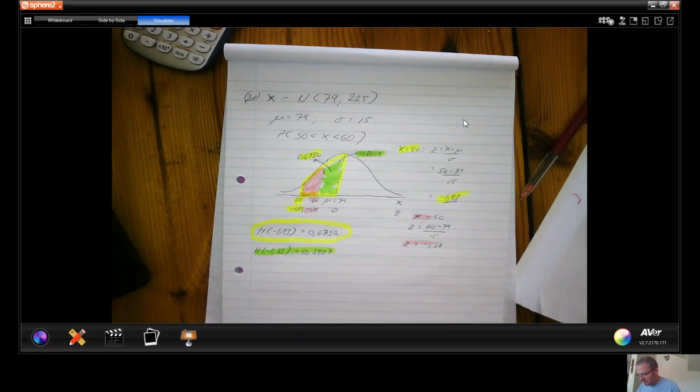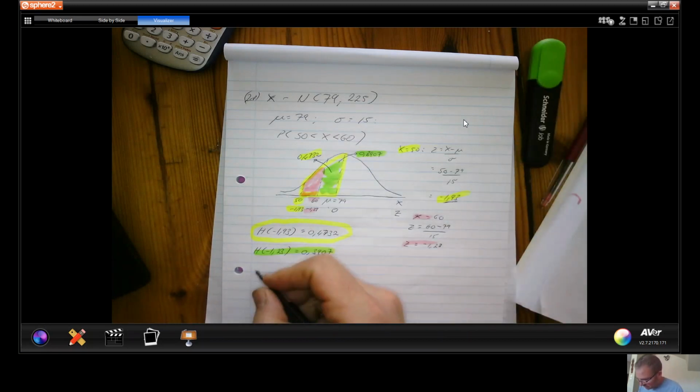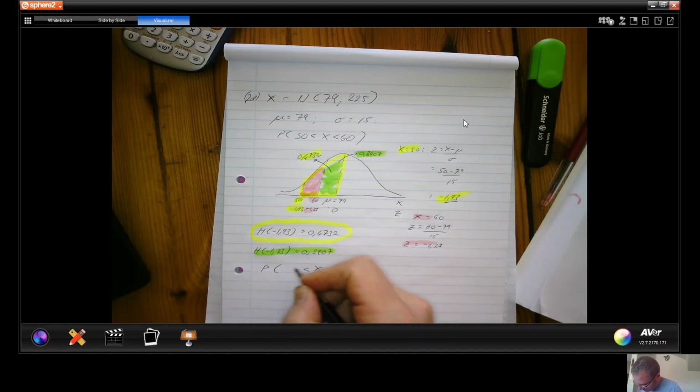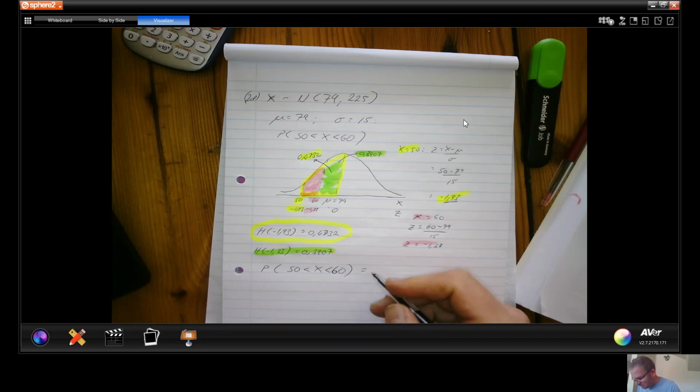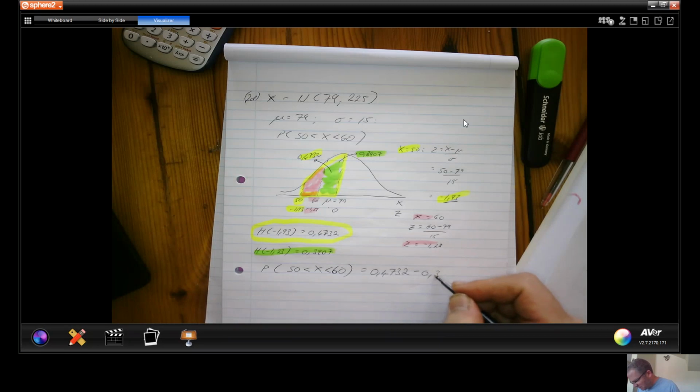So the area that we want is going to be the yellow region, cut out the green region. And so the probability that x lies between 50 and 60 is going to be equal to the yellow region, which is 0,4732 minus 0,3907.